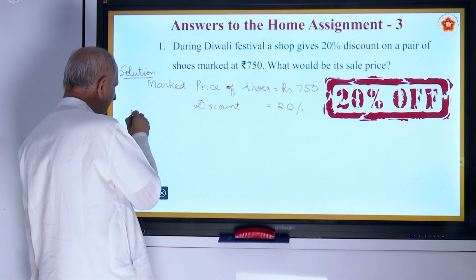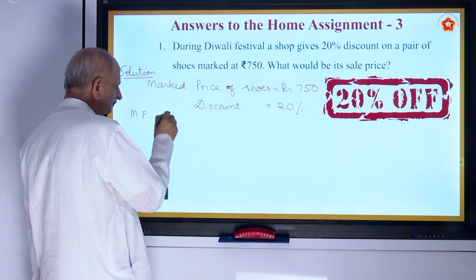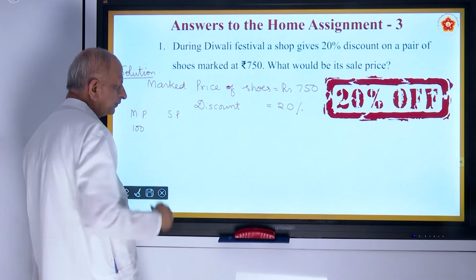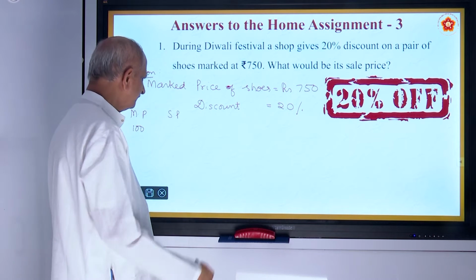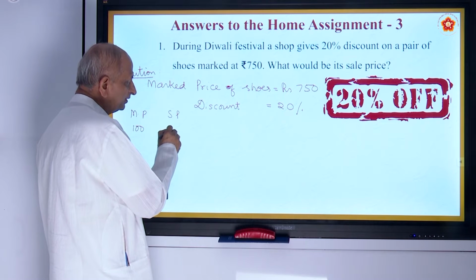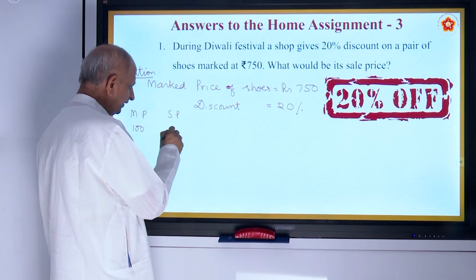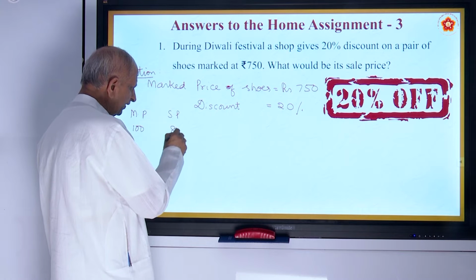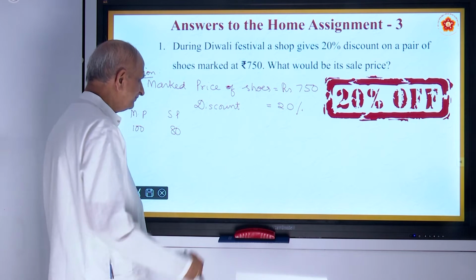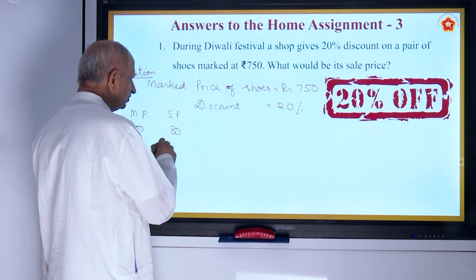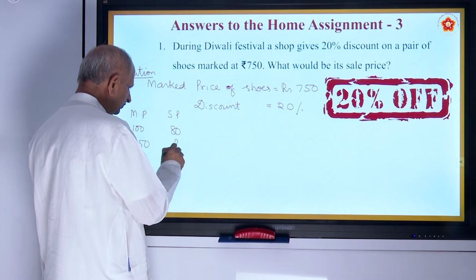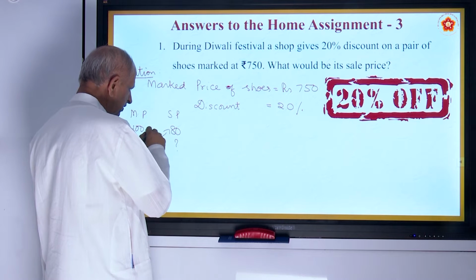So if the market price is 100 rupees, sale price will be, 20% discount means what? 100 minus 20. Followed? 80. Now the market price is 750. What is the selling price they are asking?